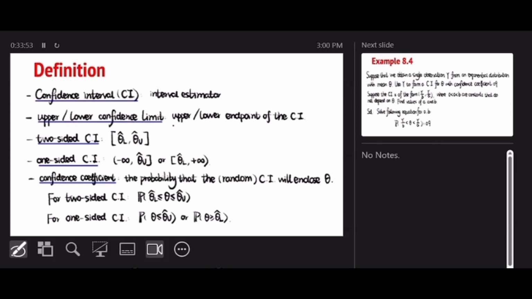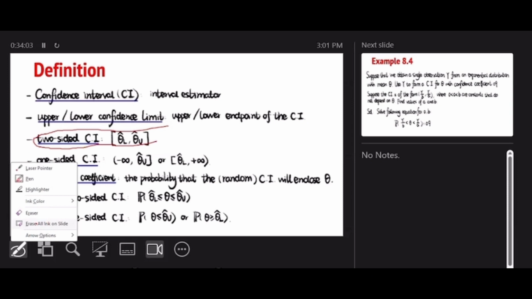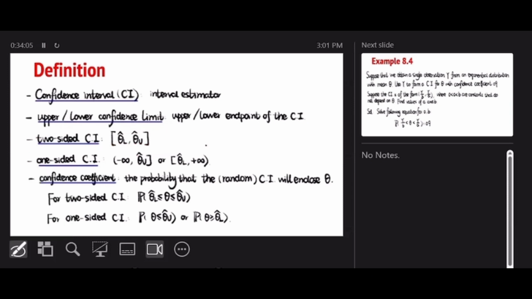Take a look at this. That's a two-sided confidence interval. Now, we also have one-sided, and the one-sided can be in two ways. You take a look at the upper endpoint, the upper confidence limit, or the lower confidence limit.